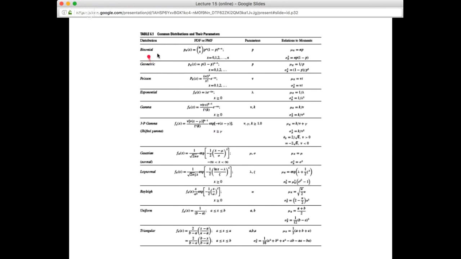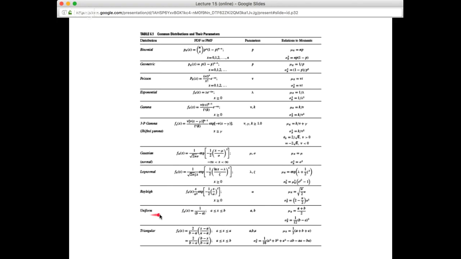So we know about the binomial distribution and the geometric distribution, the Poisson distribution and the exponential distribution and the gamma distribution and the shifted gamma distribution and the normal distribution or Gaussian distribution, the log normal distribution. We haven't really talked about the Rayleigh distribution, but it's not too complicated. It's actually pretty similar to the normal distribution.